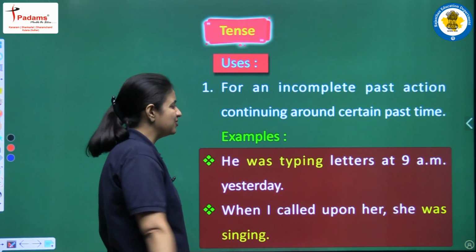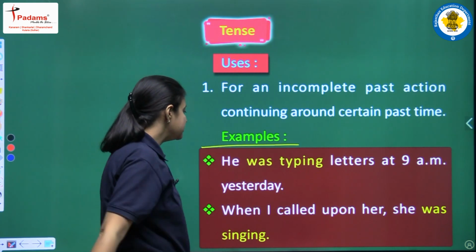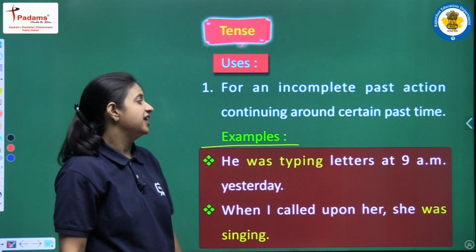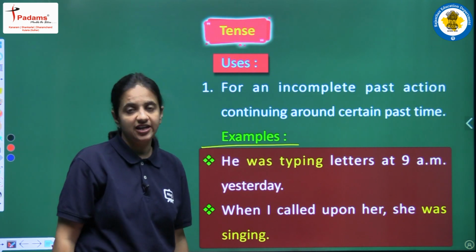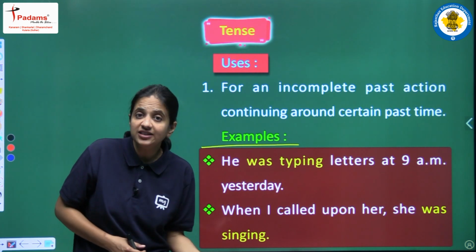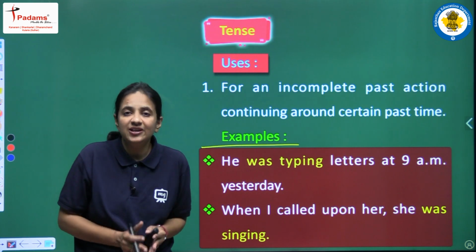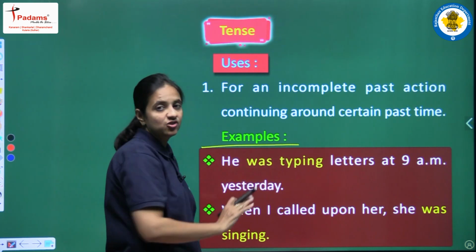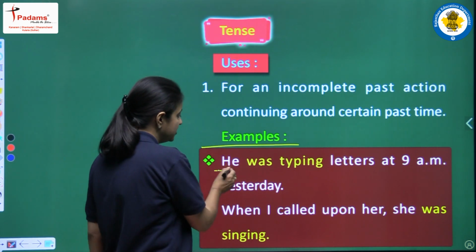So what it means? So let's see some of the examples. First example that we are having here is he was typing letters at 9 a.m. yesterday. So we are talking about some past event that was going on in the past time, that was continuously going on in the past time. So we are using past continuous tense here and he is a singular subject.